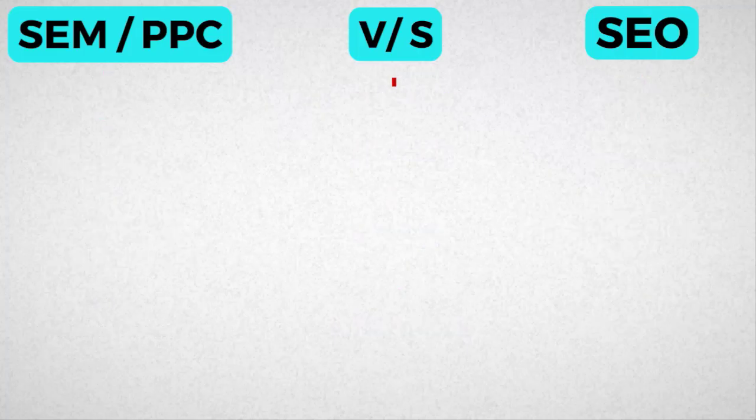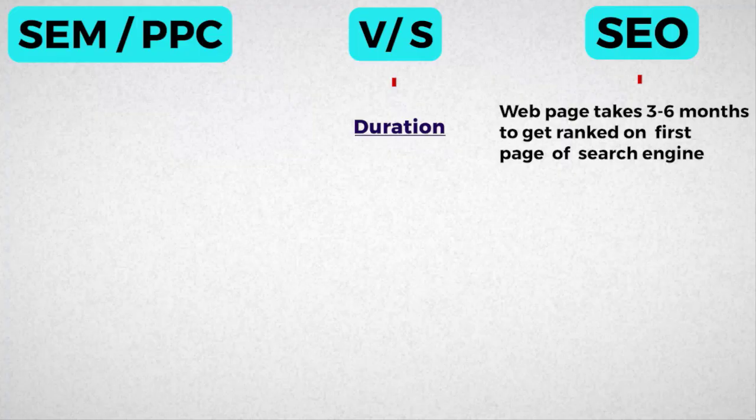We mean that when you start the process of SEO or the process of SEM, SEO as a process takes approximately 3 to 6 months for getting your web page ranked on page 1.